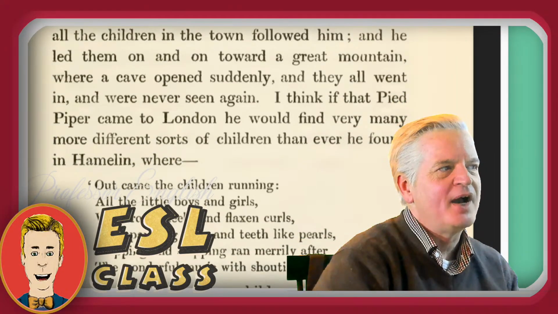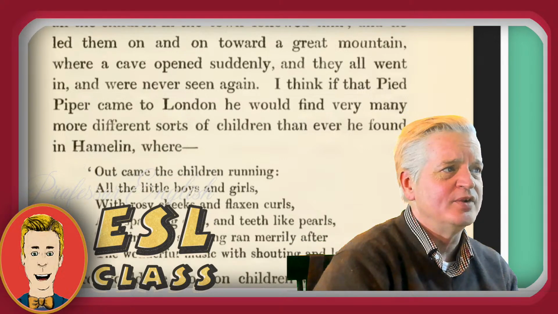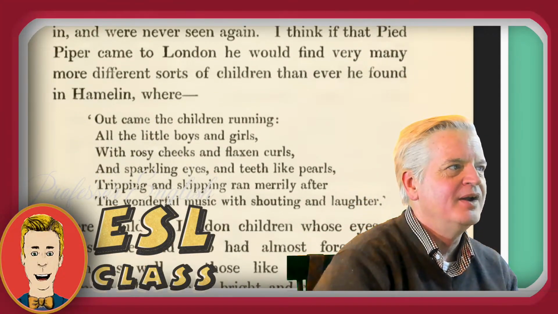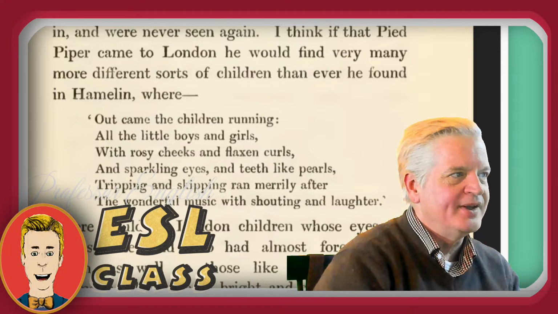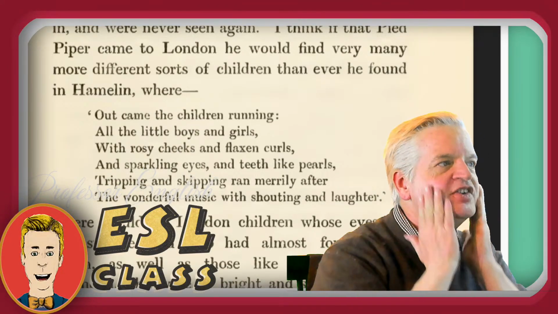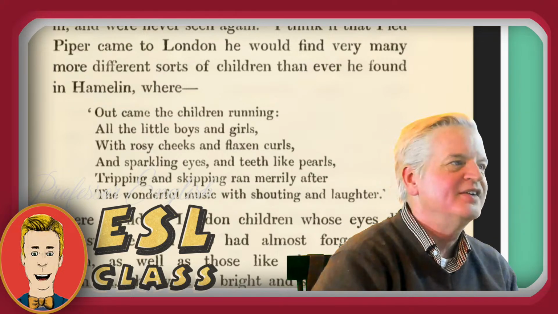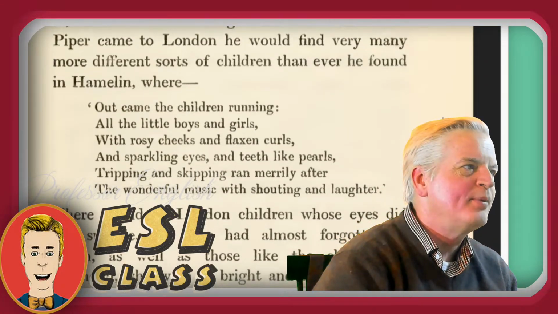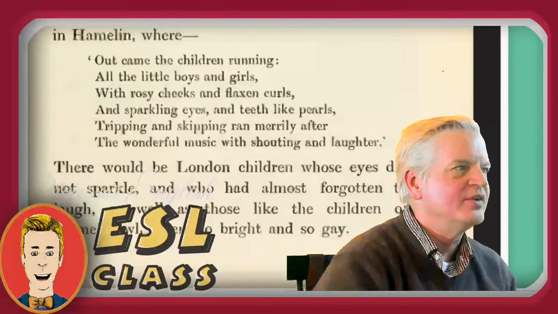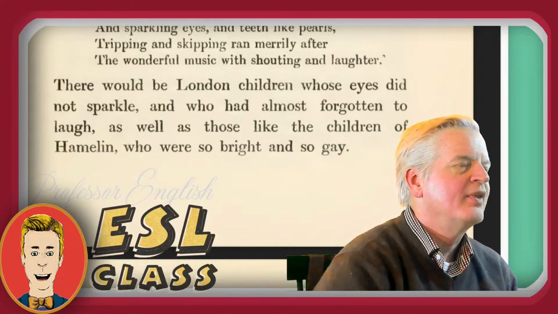I think if that Pied Piper came to London, he would find very many different sorts of children than ever he found in Hamelin, where out came the children running, all the little boys and girls, with rosy cheeks and flaxen curls and sparkling eyes and teeth like pearls, tripping and skipping, ran merrily after the wonderful music with shouting and laughter.